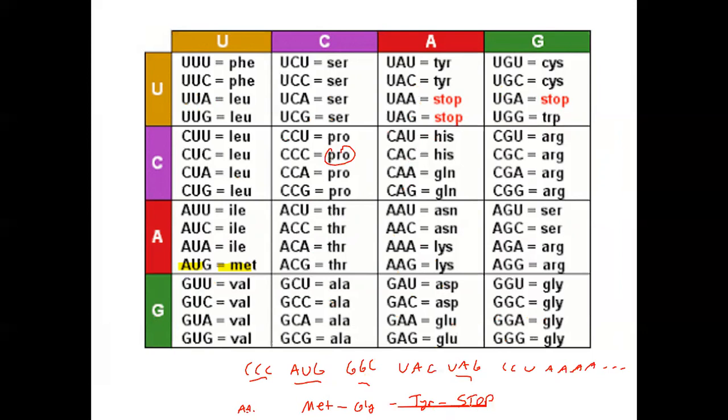So basically that means that this whole thing is not going to be read. And that's okay. So even though I had a relatively lengthy mRNA sequence, it was only 3 amino acids in length. Okay. So remember, this is a codon chart. You need to know how to read them. This is the mRNA sequence and it's telling you what amino acids they code for. Okay. And that is translation.